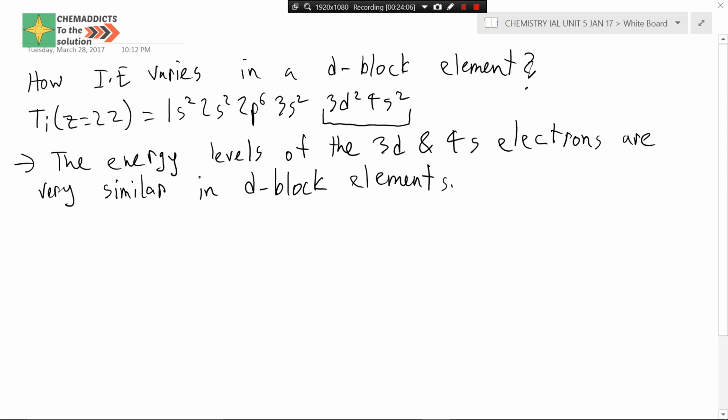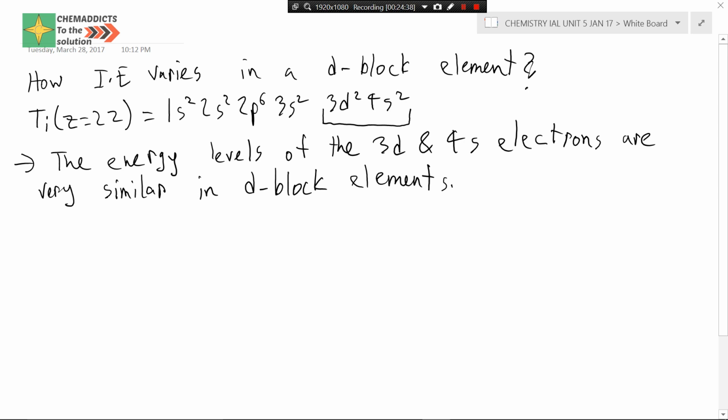They are very close to each other, which makes them twins or identical. Since they have very similar energy levels in d block elements, that makes the ionization energy similar.